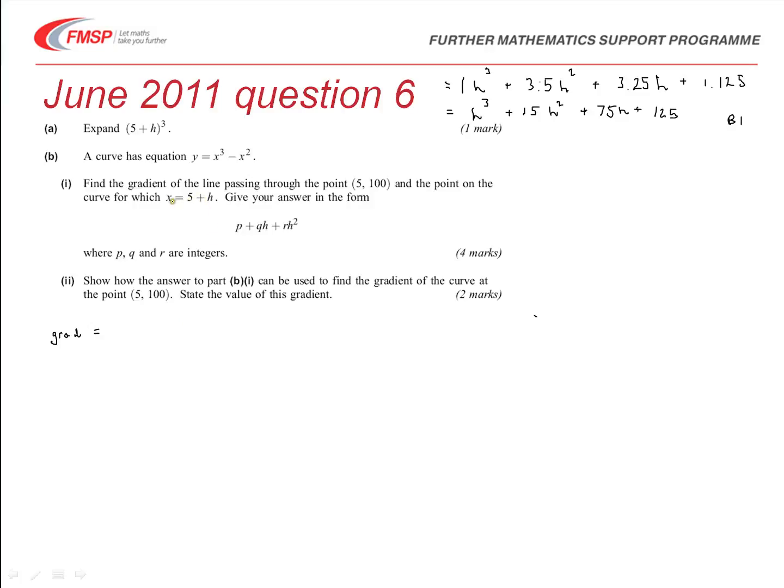So we first work out the y coordinate at 5 plus h. We have to substitute 5 plus h in for x cubed and for x squared. We've just done the (5 + h) cubed part and obtained the four terms, so that gives us h cubed plus 15h squared plus 75h plus 125.